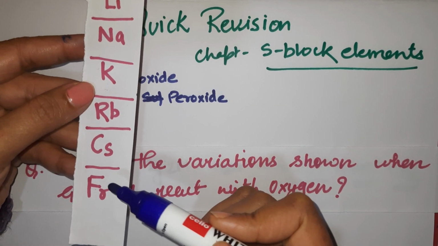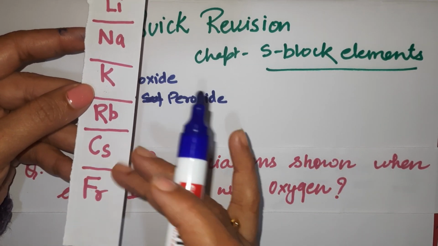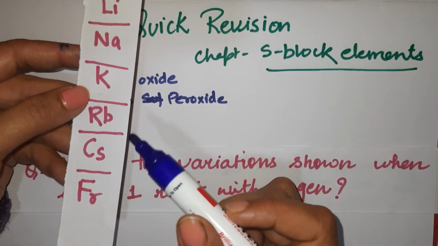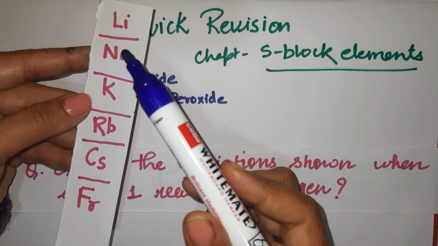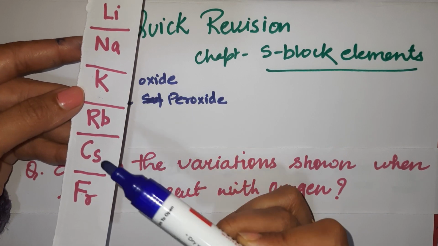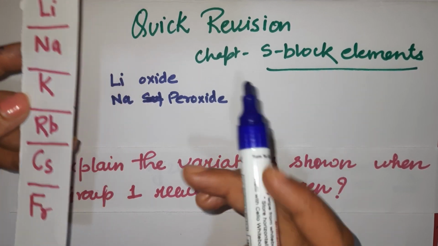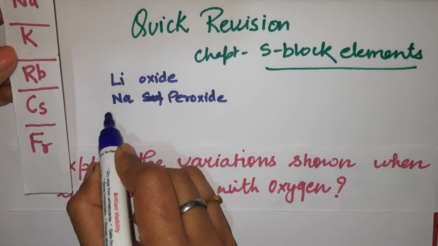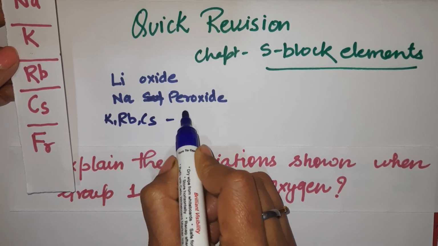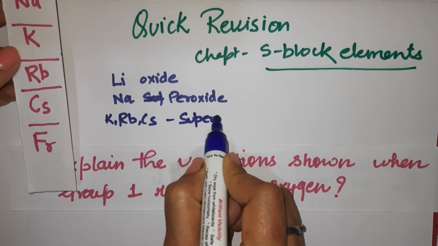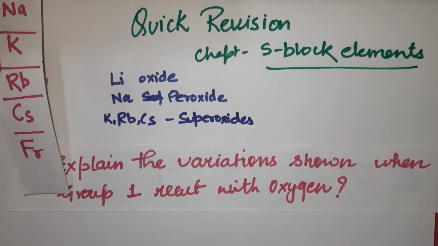Francium is a radioactive element, so we study the science of this element in the radioactivity chapter. We consider only 5 elements in group 1: lithium, sodium, potassium, rubidium, cesium, when it is about physical and chemical properties. So potassium, rubidium and cesium form superoxides. Okay, and the reaction is given in your NCERT.